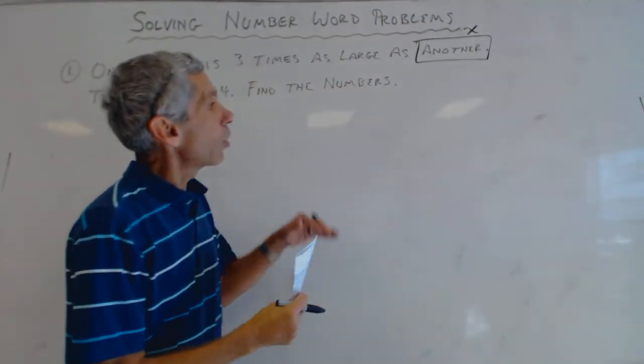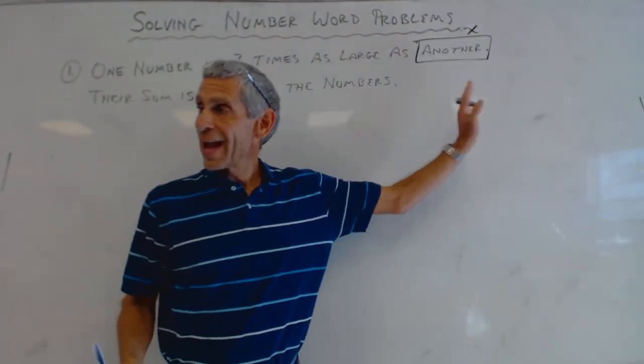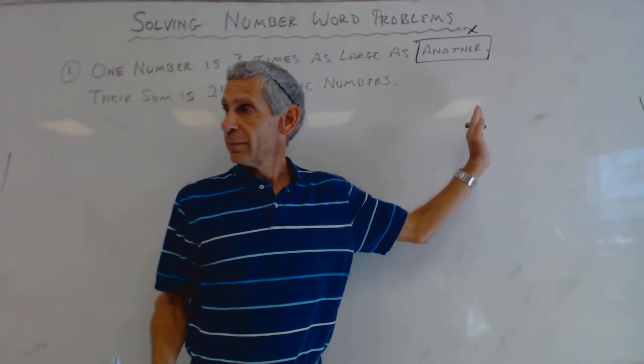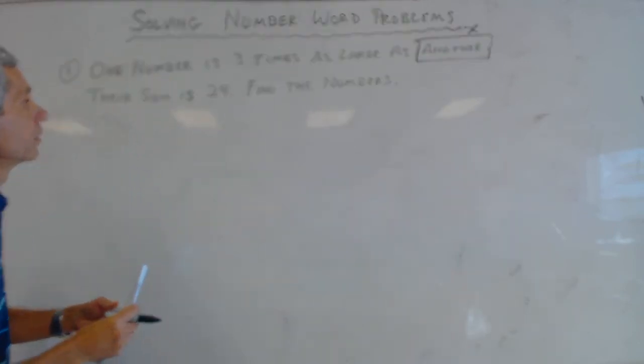That's your foundational thing. Do I know that number? The another number? So I'm going to make that my x. It's almost always the last word in the sentence that becomes the x. One number is 3 times as large as another. So another is x.